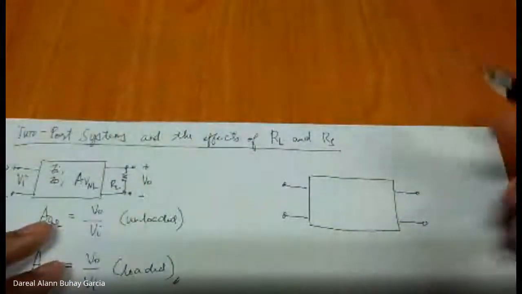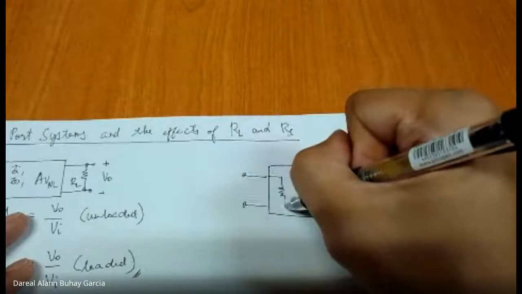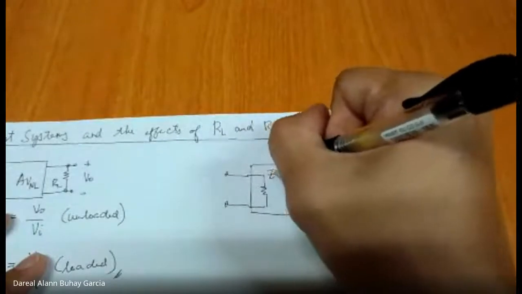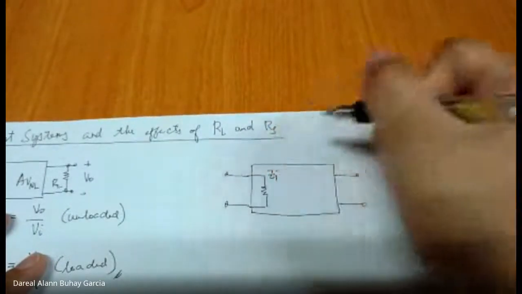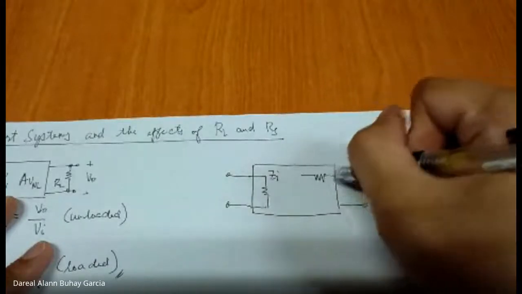So I'll stick with ZI and ZO. So this is our input impedance, ZI, and this is our ZO.